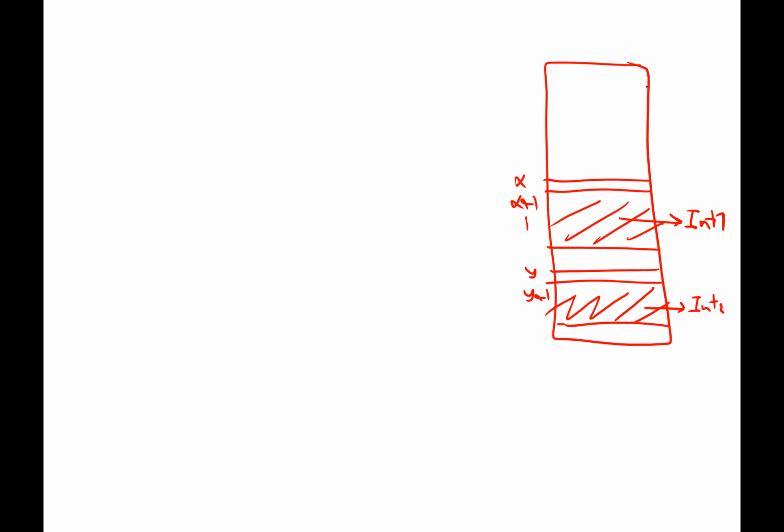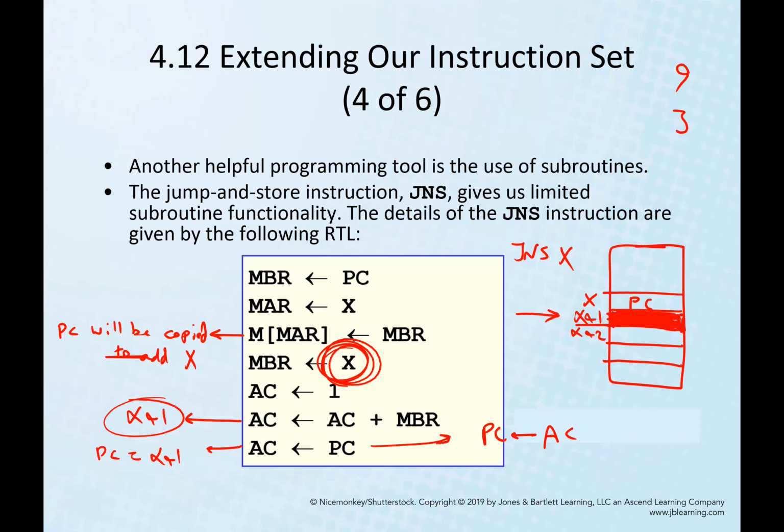And we are in location 100. And we get an interrupt. If we want to jump to interrupt X, which instruction should we use? JNS X. So if I say JNS X, it stores the return address in X, and starts from X plus 1.